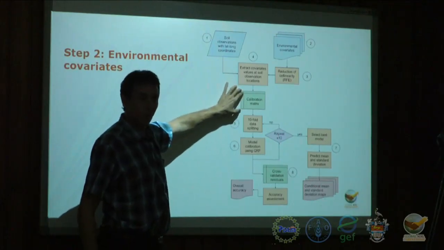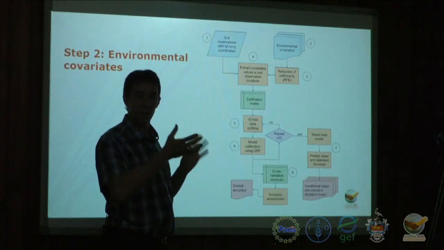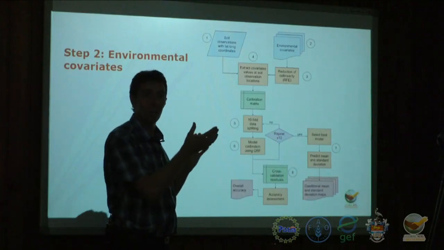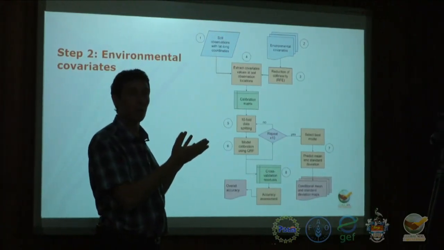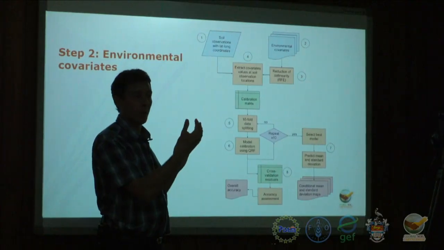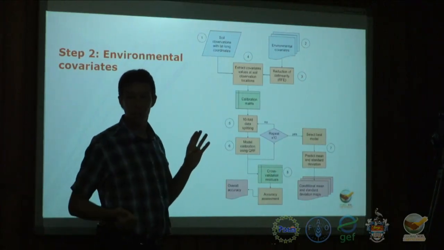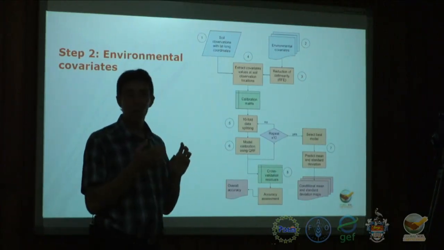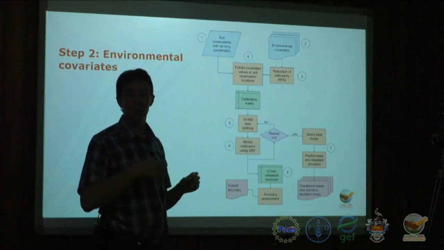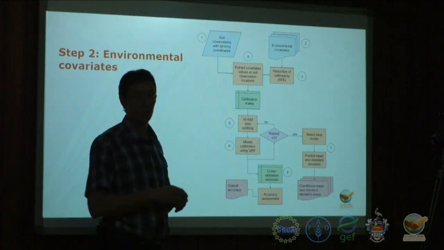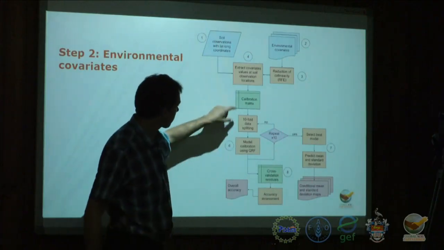With this matrix, we created a model. Each model is for each soil property. So if we want to create a prediction of another soil property, we need to create a different model.